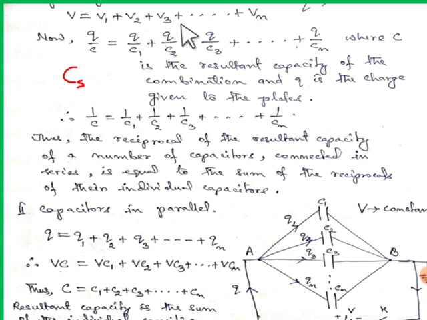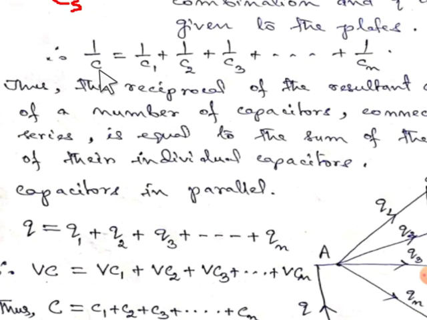So you can cancel it, and the resulting equation will be 1 by C equals 1 by C1 plus 1 by C2 and so on up to plus 1 by Cn. Thus, in series combination of the capacitors, the reciprocal of the equivalent capacitance, 1 by C, is equal to the sum of the reciprocals of the individual capacitances.